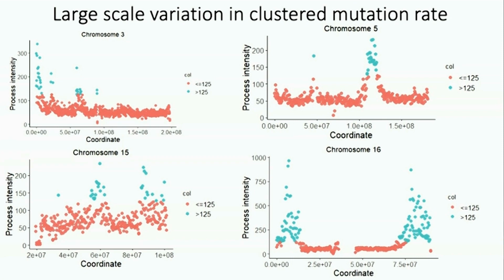Now, there are 2 possibilities. One is that the damage is then repaired correctly, so you don't see the first event. In this case, the first event would be similar to the others. The other possibility is that the first lesion also leads to mutation.